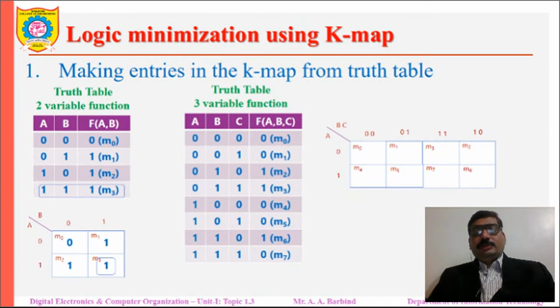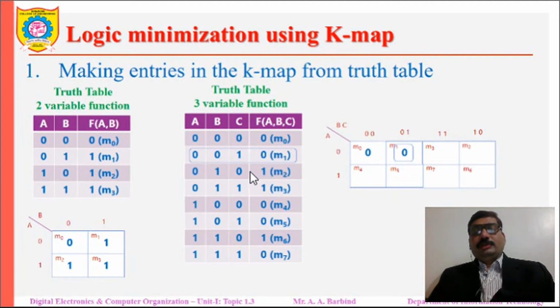In a similar fashion, we can make the entries into the three variable K-map. Here we can see that the first row, where A, B, C are 0 0 0, goes into this particular cell for which A is 0 and B and C are 0 0. Then the next entry goes to the next cell for which A is 0 and B and C are 0 1.